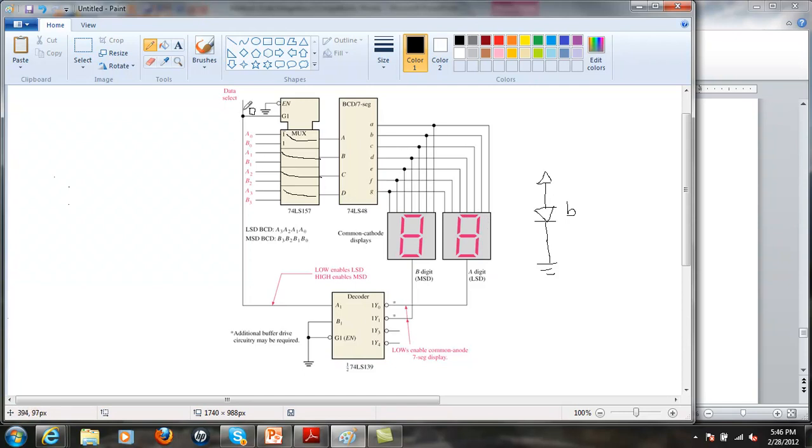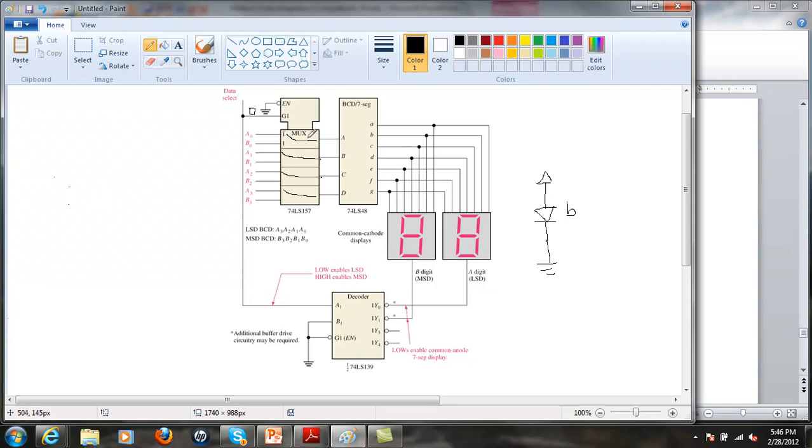So what I'm doing here, by putting a 0 in, I'm selecting the least significant digit to go on. And if I were to put a 1 in here, it would turn this one off and turn this one on, and it would allow the current to flow through the most significant bits. And so in doing that, I am selecting the outputs here.